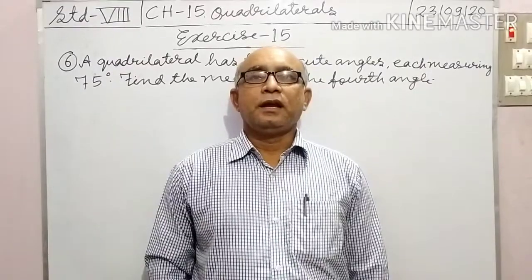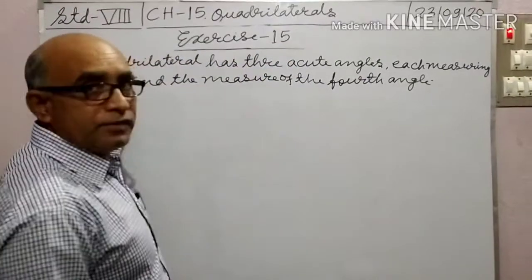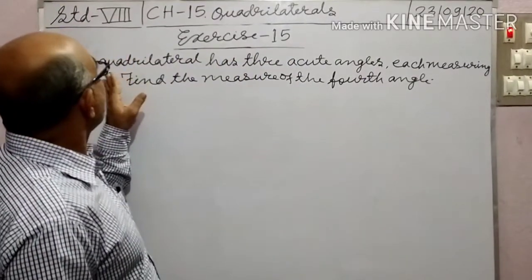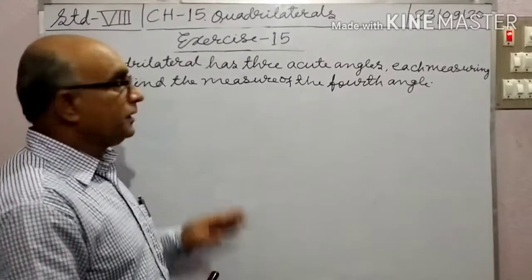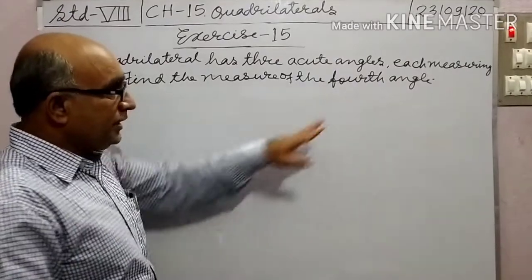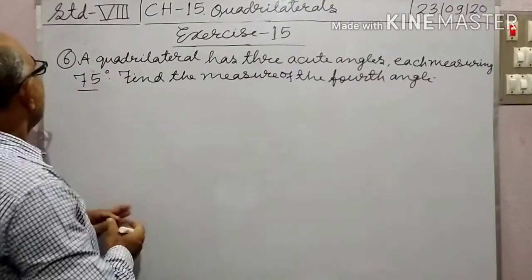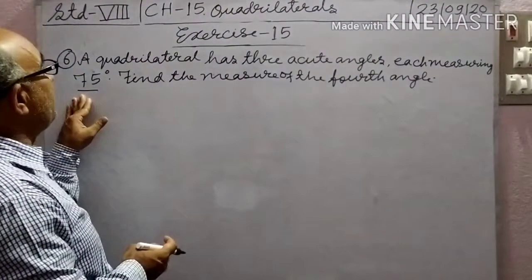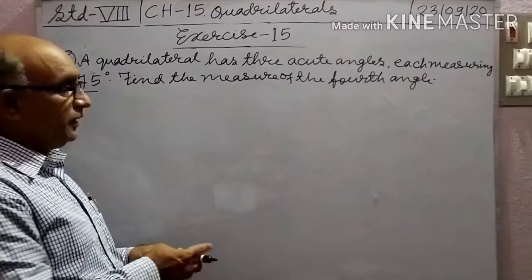Students, next question of this exercise is question number 6. If a quadrilateral has three acute angles, each measuring 75 degree, find the measure of the fourth angle.